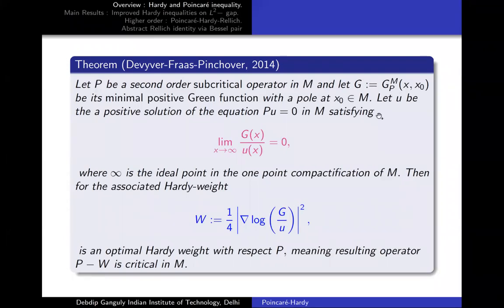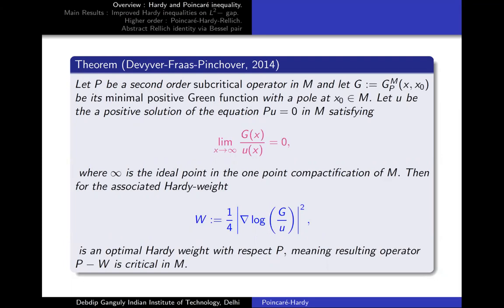What does minimal mean here? Minimal positive means that if there are any other functions u which satisfy P of u equal to delta, then this G is less than or equal to all those u. So basically you can take the infimum.